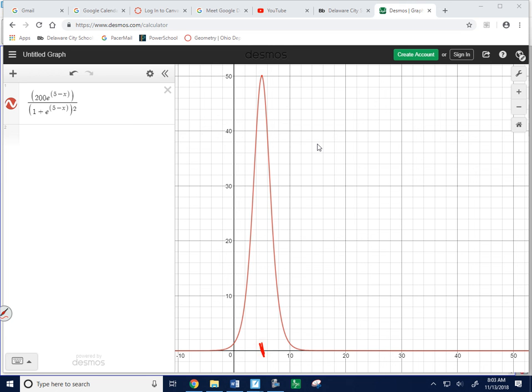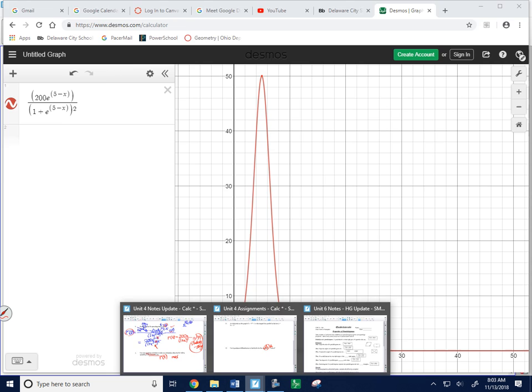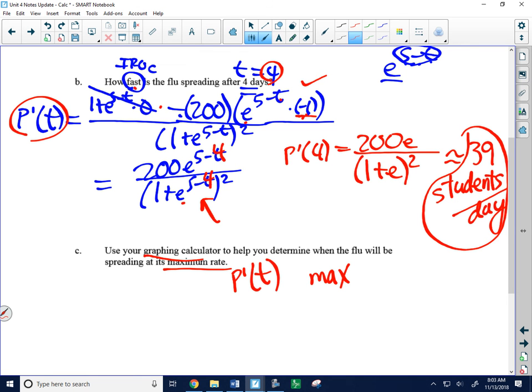Usually your body will fight off the illness, so fewer students are getting infected per day, or maybe it infects everybody, so fewer students are getting infected per day as well, and so it naturally will decrease. So anyways, 5 days.